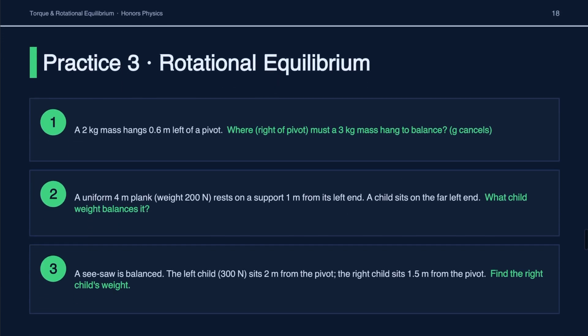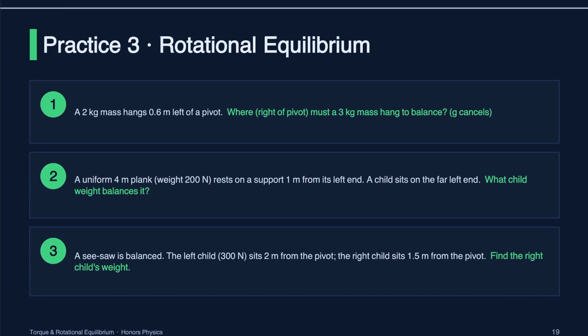So now let's have some practice regarding rotational equilibrium. A 2 kg mass hangs 0.6 meters left of a pivot. Where right of the pivot must a 3 kg mass hang to balance?